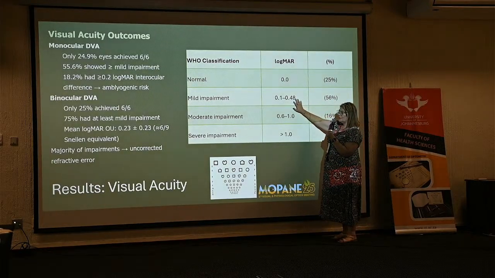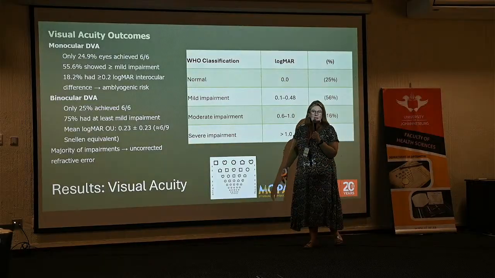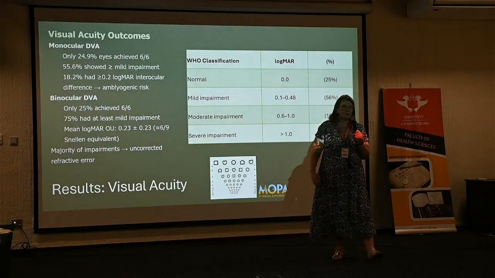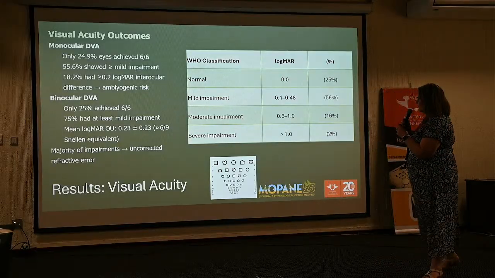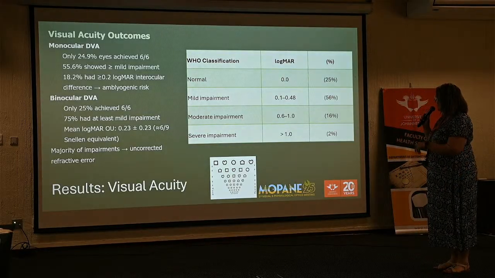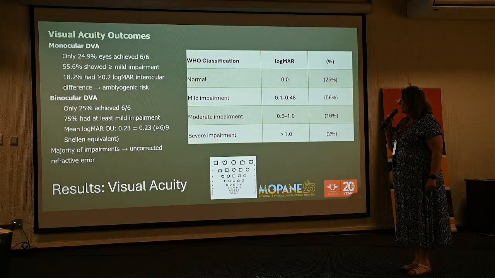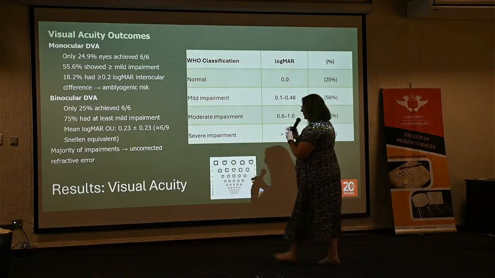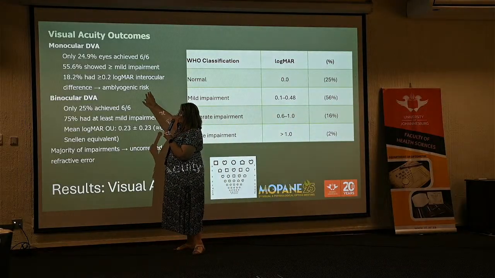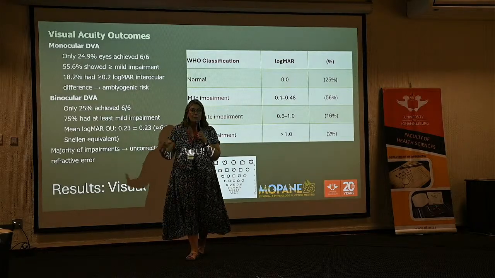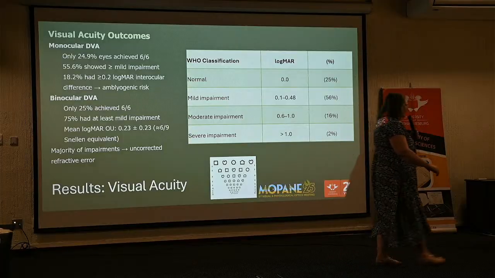Measured in logMAR equivalent, I think it was 0.18 to 0.24, up to 22% had visual acuity according to the World Health Organization of mild impairment. Another interesting fact that we found is that almost 20% had interocular differences of more than 0.2 logMAR, which means that there is the possibility of amblyopia coming up later.